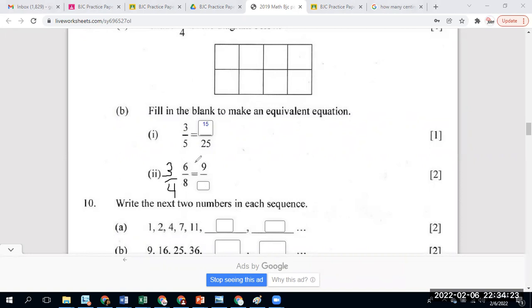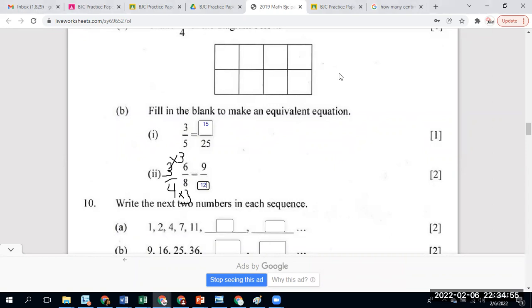To go from 3 to 9, I multiply by 3. Whatever I do to my numerator, I must also do to my denominator. So 3 times 3 gives me 9 on the top for the numerator. 4 times 3 gives me 12 for my denominator. Don't mind my funky writing. That's just trying to maneuver this keypad.